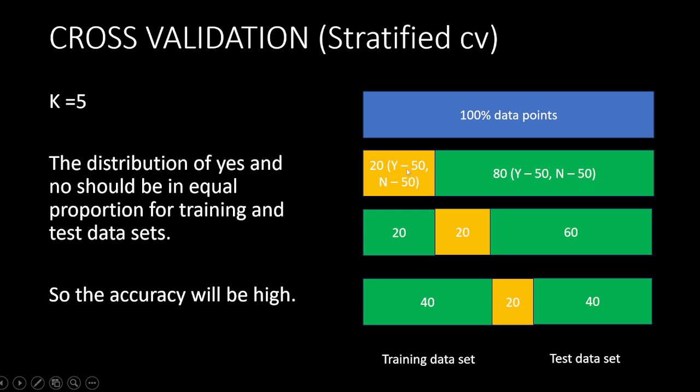In the same way, the training set also will have 50 percent yes and 50 percent no. So 50 percent of 20 is 10 values: 10 must be yes and 10 must be no. In the same way for 80, 40 yes and 40 no. So you need to continue that demonstration with all the other layers we have discussed earlier, so that the proportion is similar, and then the accuracy will really go up.